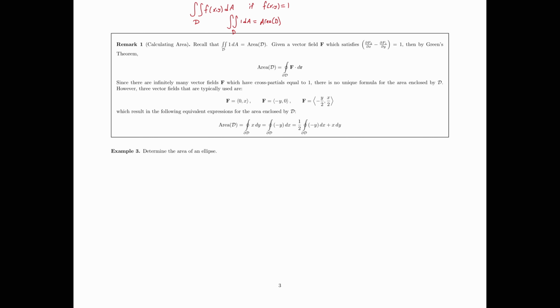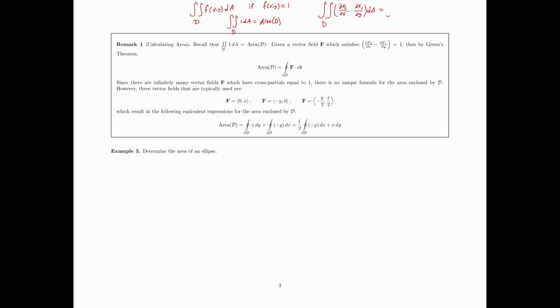So what we want to do here is think about a way to relate this. We know Green's theorem, as a reminder, is the double integral over some domain D of del f2 del x minus del f1 del y dA.